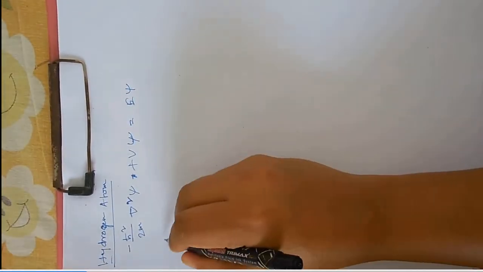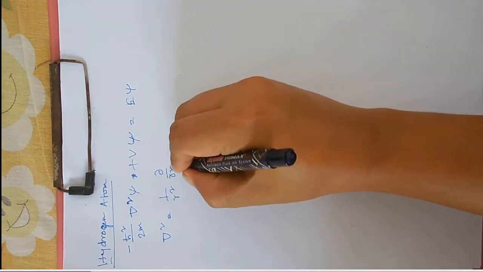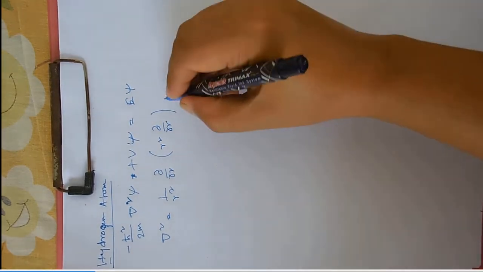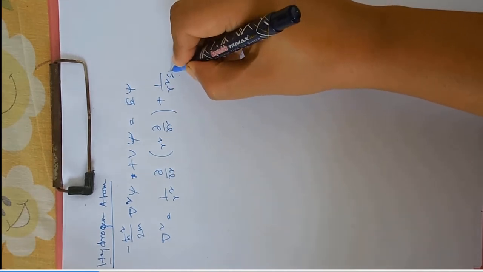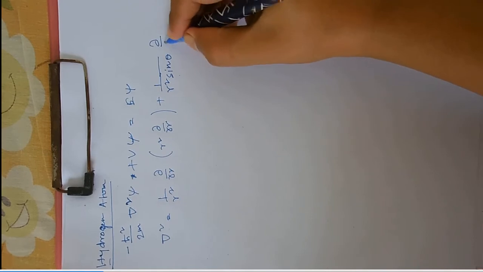Grad square is 1 by r square del del r of r square del del r. Sometimes you may not remember the equation, but if you look at it, I think you can remember.